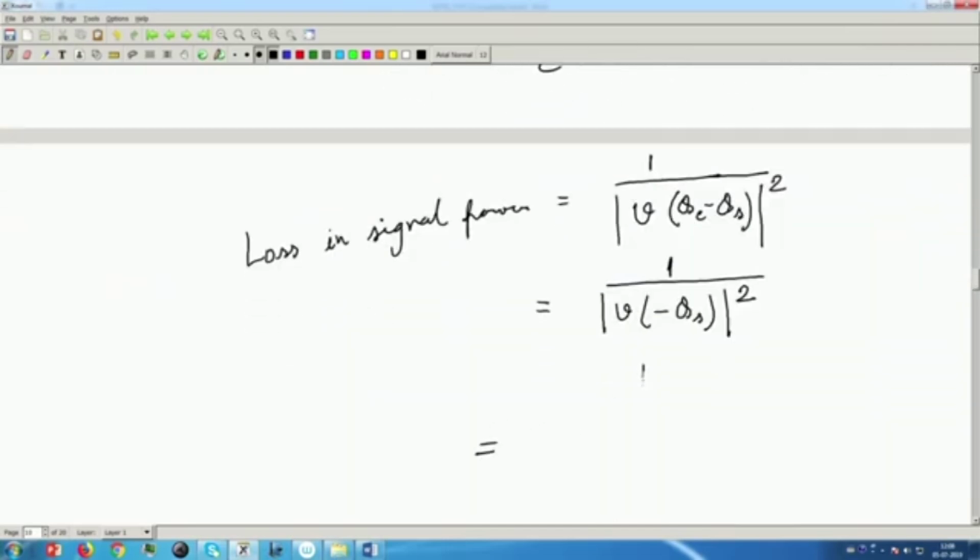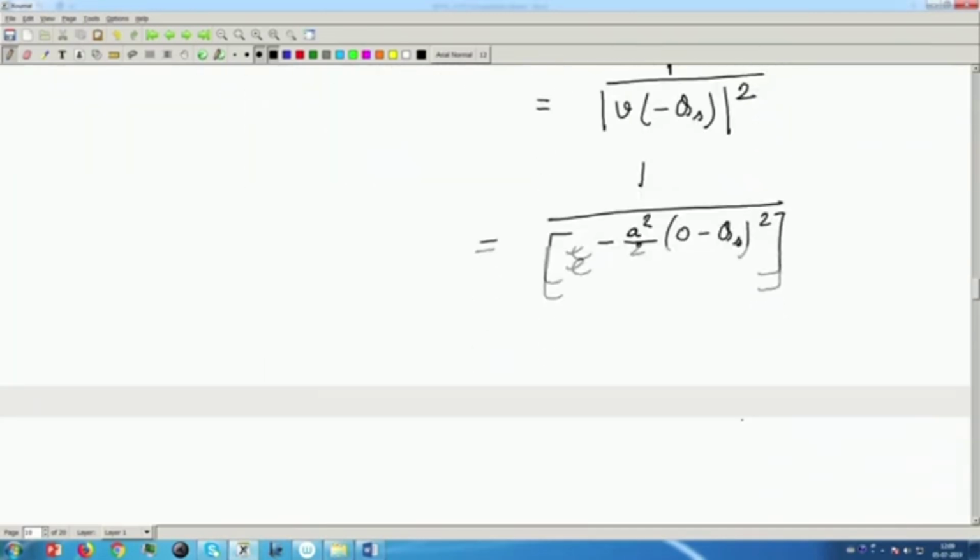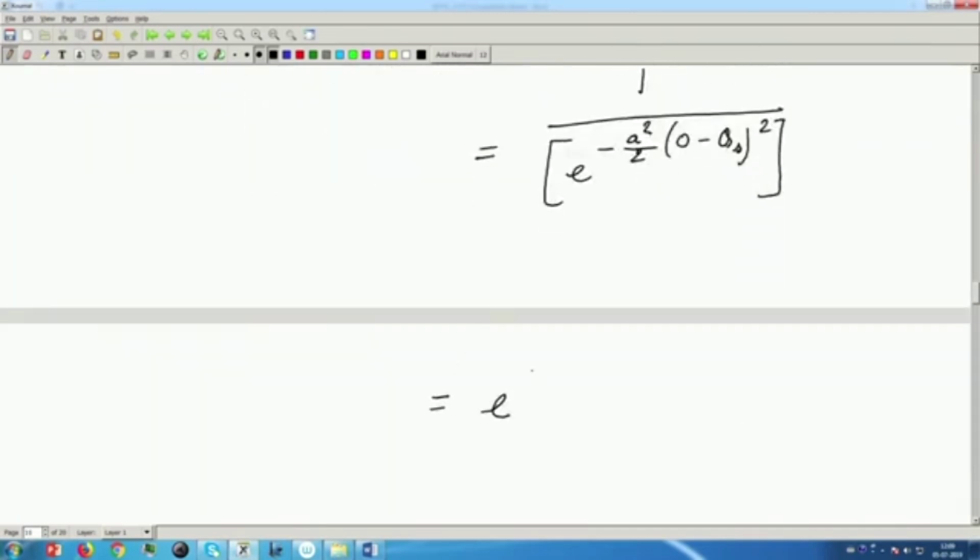So, that means 1 by e to the power minus a square by 2 times 0 minus theta s square, whatever will come, so that will be e to the power minus a square theta s square, and if you find this value, it will be 0.6768.